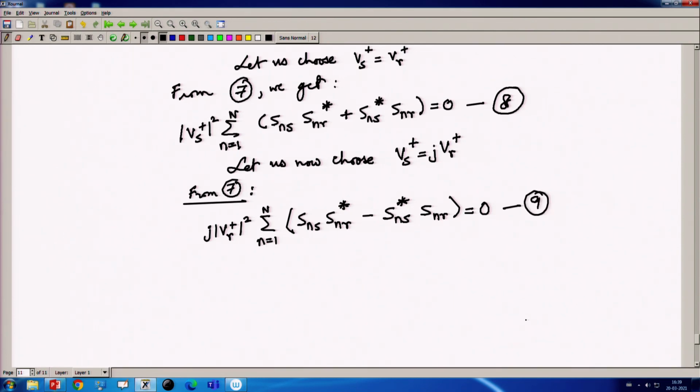Because neither of these two quantities V s plus or V r plus is 0, the only way both these equations can be satisfied is given by the following condition.